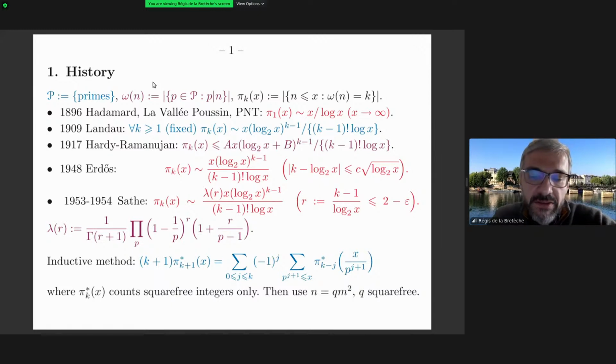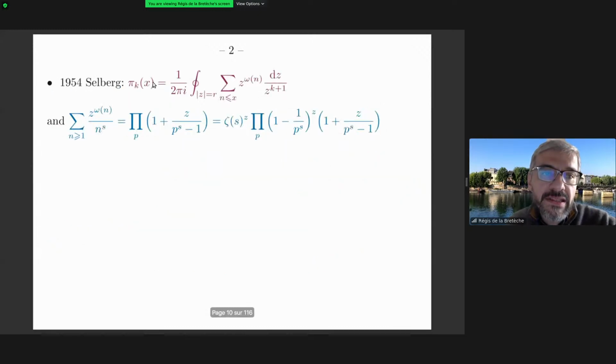So P_k star counts only square free integers, and then you can deduce it using the factorization of n as a square free integer times a square. But it's a long proof, and then Selberg found a new method using analysis, complex analysis.